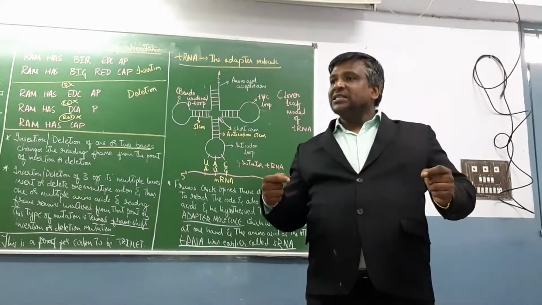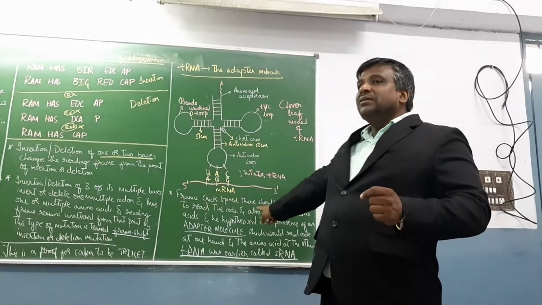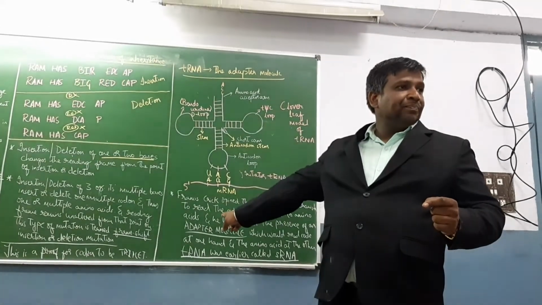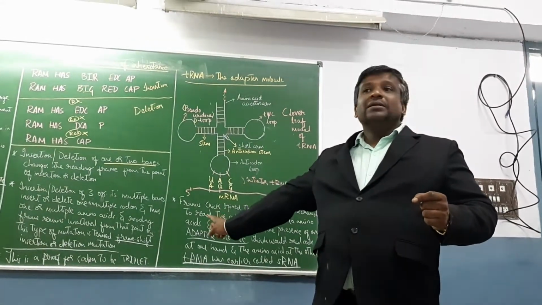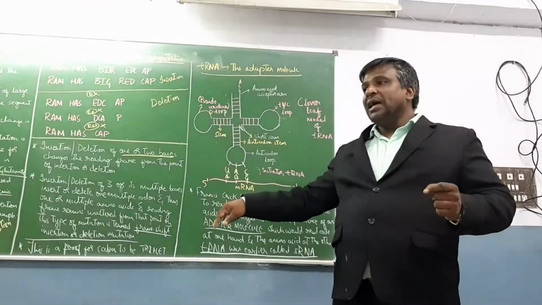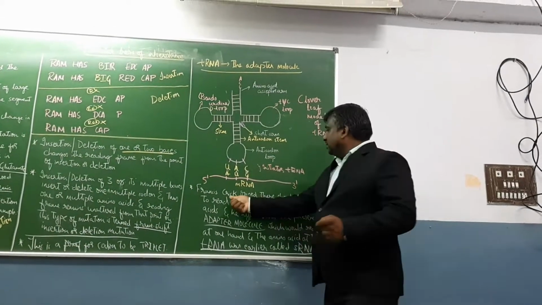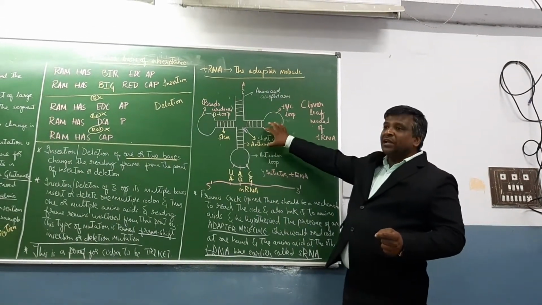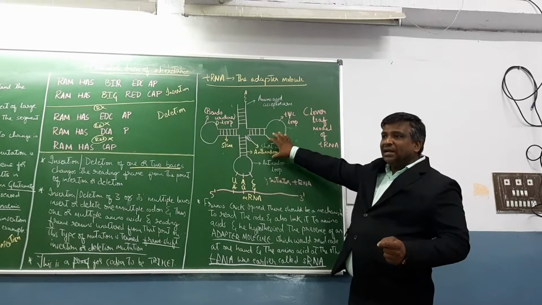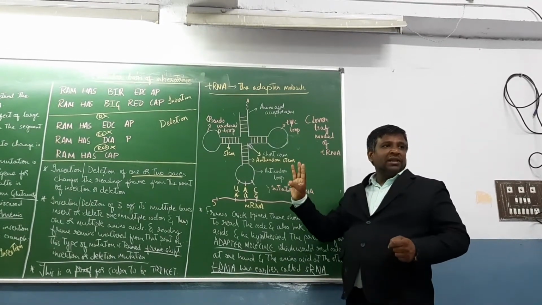Earlier they were calling this soluble RNA. Today we call it tRNA. What is tRNA? Transfer RNA. Earlier it was called soluble RNA. Now we call it transfer RNA. Francis Crick called it the adapter molecule. tRNA, or adapter molecule, looks like a clover leaf model.